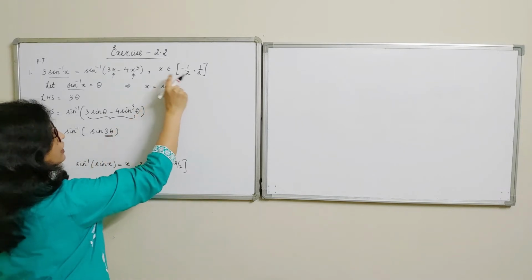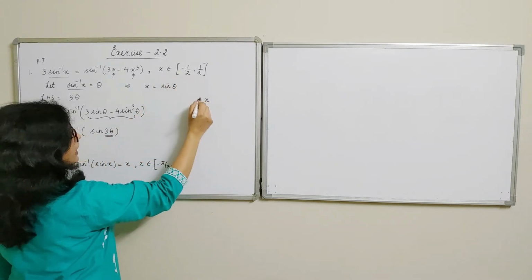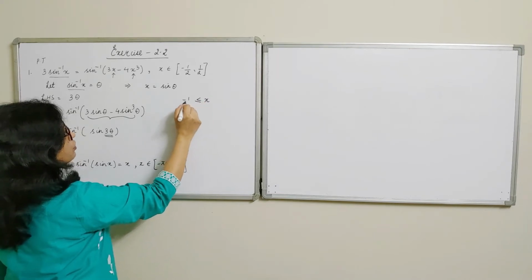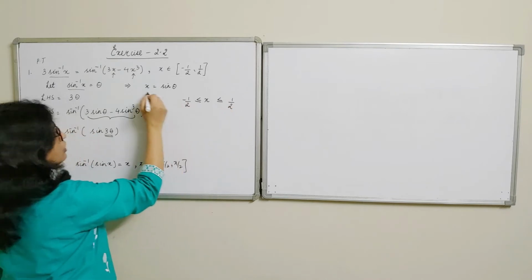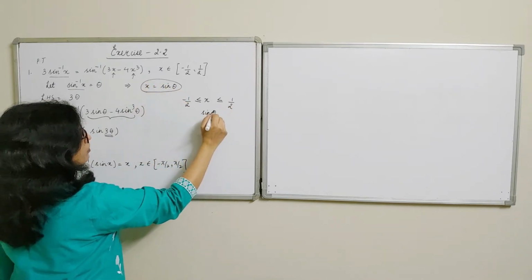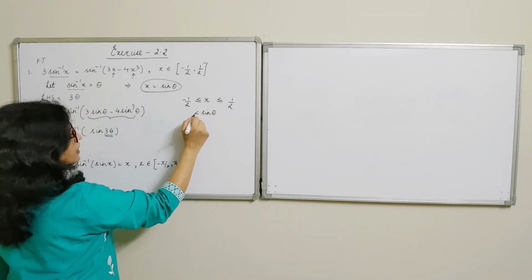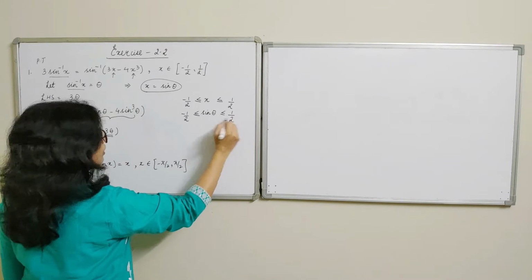For this we will use this information here. The information can be written as x greater than or equal to minus half, less than or equal to half. So let's replace x by sine theta. So sine theta is greater than or equal to minus half, less than or equal to half.